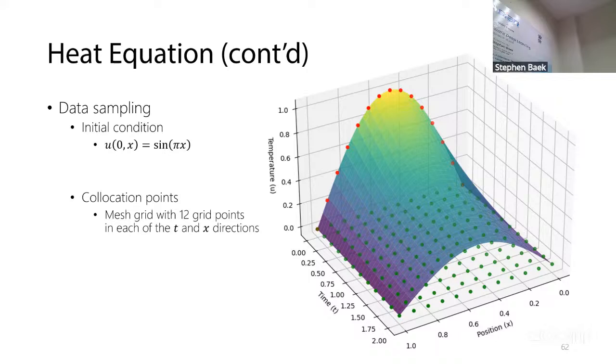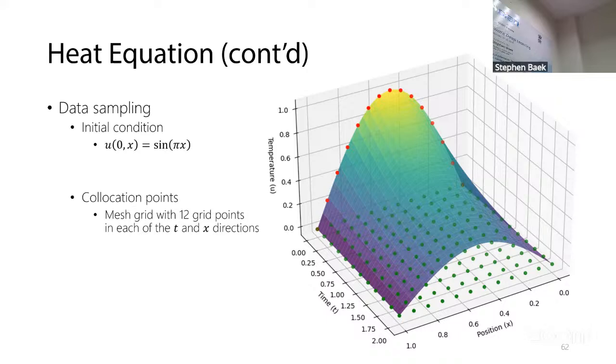So the red dots over here are the data loss. And then we're going to assume that we do not have any other ground truth data to solve this heat equation. So we're using a neural network as kind of a numerical solver for this differential equation. We just start from the initial condition and that's it.